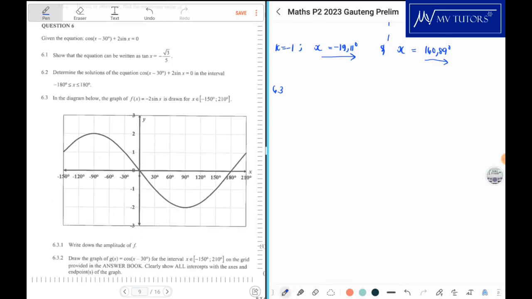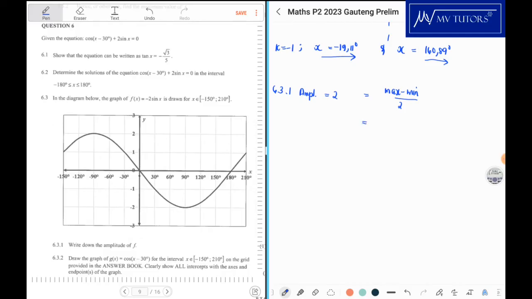Okay, now it says write down the amplitude of f. Okay, so we can see the amplitude is 2. If you wanted to calculate it, you would say that the amplitude is your maximum value minus your minimum, and you divide that by 2.